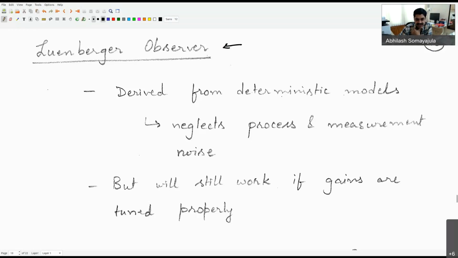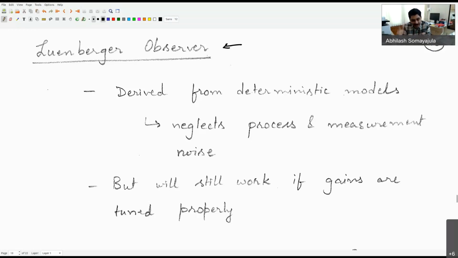These observers are traditionally derived using deterministic models, which means that we are assuming the dynamics of the system are deterministic: I don't have any process noise, I don't have any measurement noise. We are assuming all of that when we are deriving these state estimators based on the Luenberger Observer.